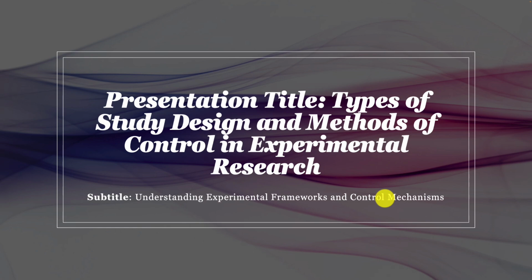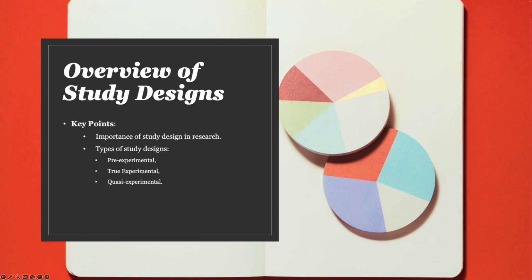So we are going to talk about types of study design and methods of control in experimental research. We're going to rewind a little bit and go back to some more simple topics. And what we're going to talk about today is basically study designs.